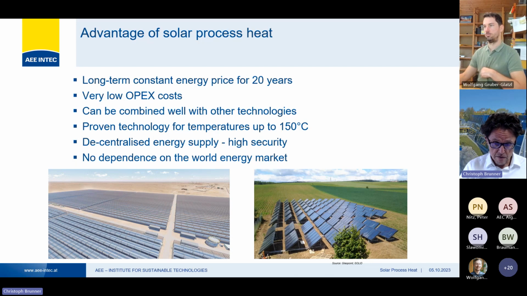You don't have a lot of maintenance costs, and the electricity demand for pumping, etc., is quite low. It's very easy to combine this technology with other renewable energy technologies, and it really makes sense to do this. Proven technology for temperatures up to 150 degrees with non-concentrating systems, and up to 250 degrees with concentrating systems.